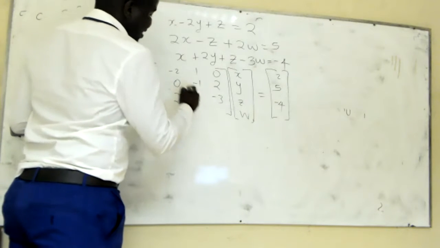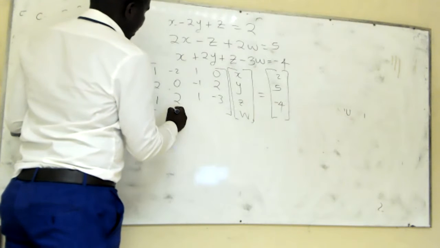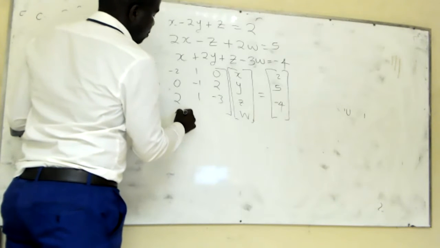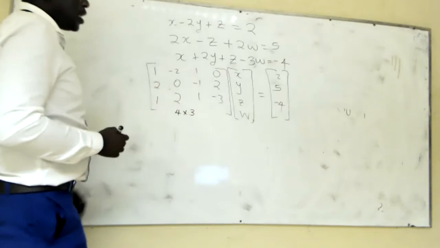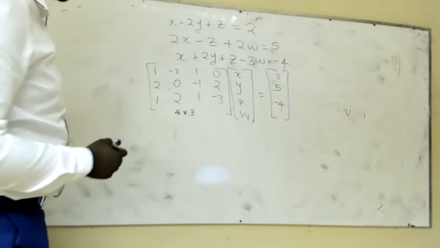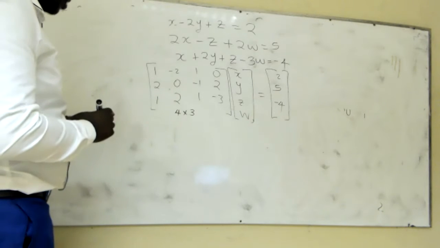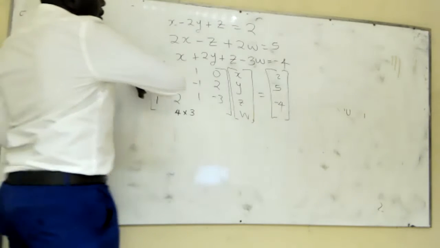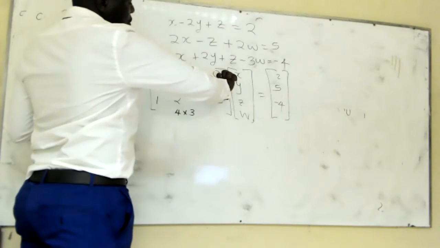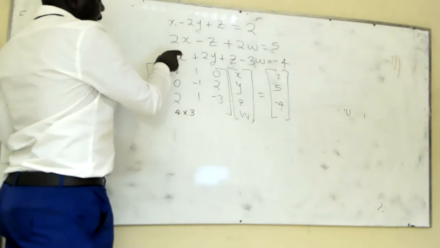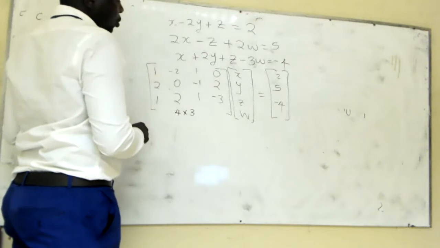So in other words, the size of this matrix is 4 by 3. So it's another important thing to take note of. In this case, the size of a matrix is very important.